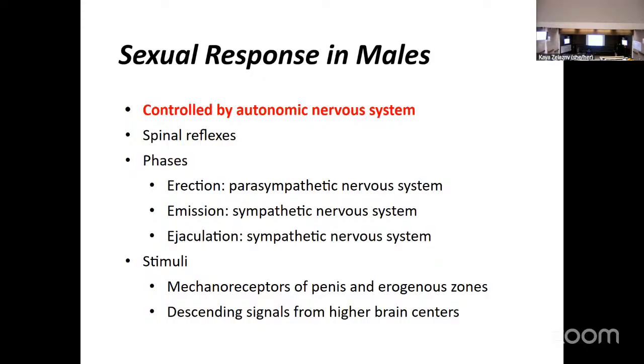So both branches of the autonomic nervous system are eventually involved here, but it's the parasympathetic nerves that are going to start us out. Okay. So this is mostly going to be happening through spinal reflexes as well. We'll have some input from your brain contributing to some of the arousal phases, but a lot of this is more local, more automatic.